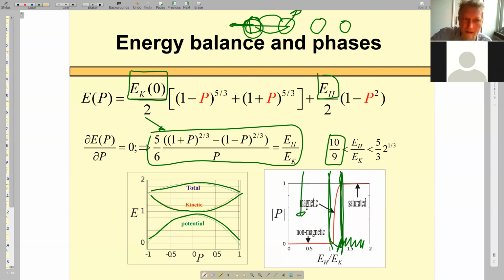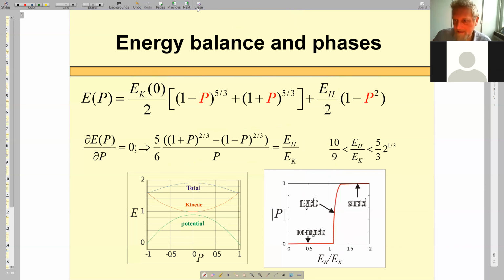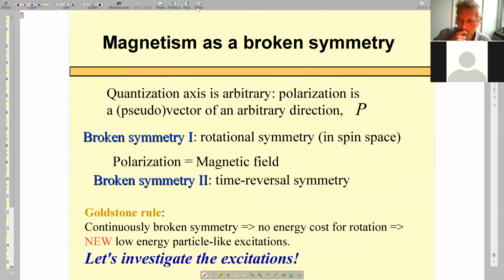Good. Let us see. So we got the ground state in our hands, and first we notice one important thing: spontaneous polarization, spontaneous symmetry breaking. We have chosen some quantization axis for our calculation, but this is eventually a direction in three-dimensional space of spin, and it can be arbitrary.